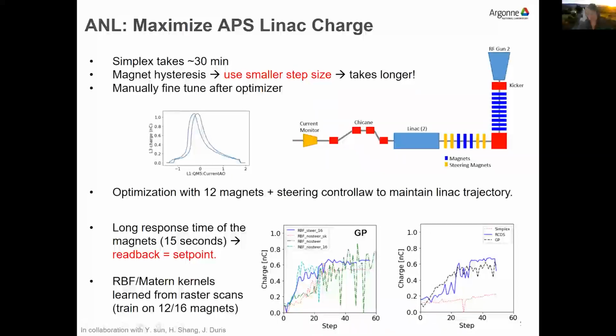You can see here that we tried different types of hyperparameters. None of them reached 1 nanocoulomb, which is the maximum available. Basically, GP on average performed as well as RCDS here. So this is a lesson to show that tuning the hyperparameters is super important in order to maximize the potential of the machine.